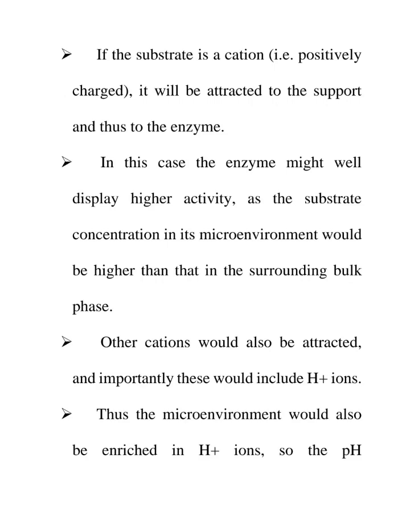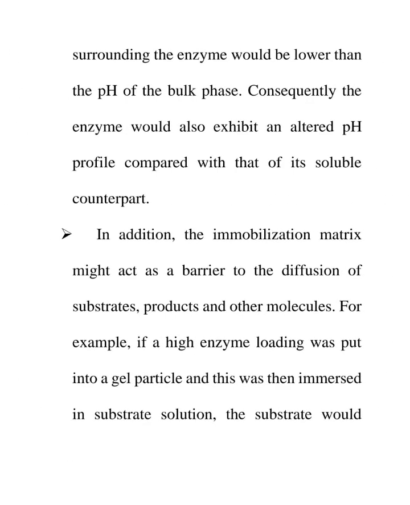Other cations would also be attracted, and importantly these would include H+ ions. Thus the microenvironment would also be enriched in H+ ions, so the pH surrounding the enzymes would be lower than the pH of the bulk phase. Consequently, the enzyme would also exhibit an altered pH profile compared with that of its soluble counterpart. In addition, the immobilization matrix might act as a barrier to the diffusion of substrates, products and other molecules.